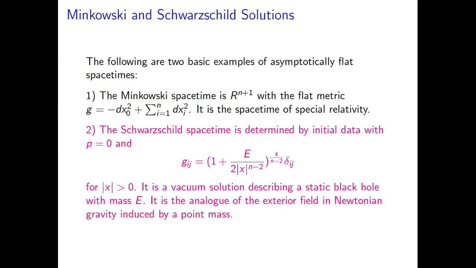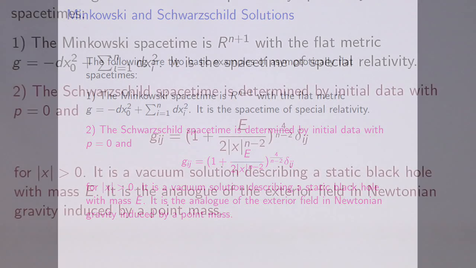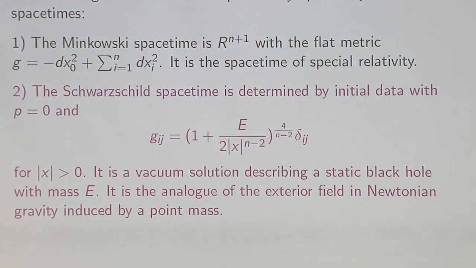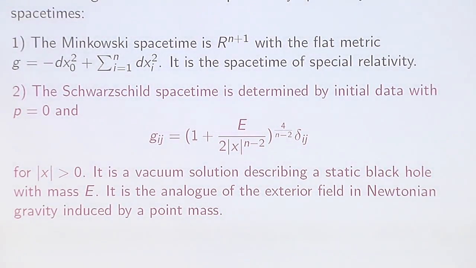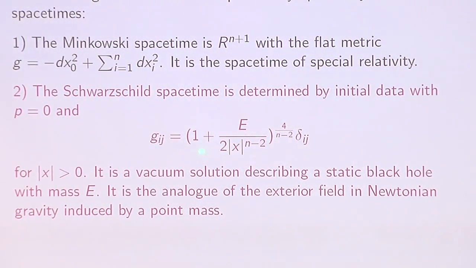Rn minus the origin. And so this solution, when x is large, falls off to the Euclidean metric at a precise rate, namely of order 1 over r to the n minus 2, and it also blows up at the origin. So in fact, the origin is a second infinity for this solution. And so it's a vacuum solution. It satisfies, so p is 0 here, and the fact that this is a harmonic function is equivalent to the condition that the scalar curvature of g be 0.